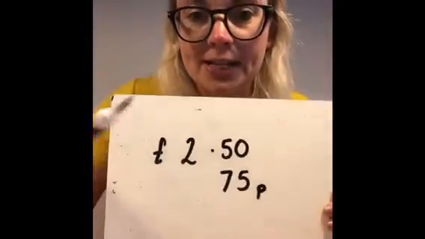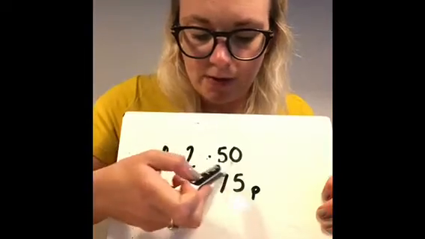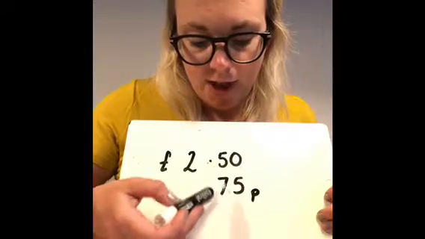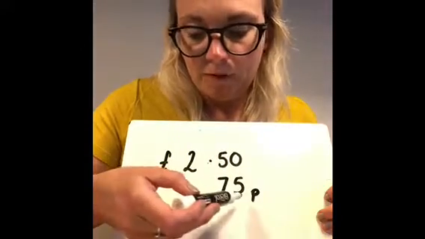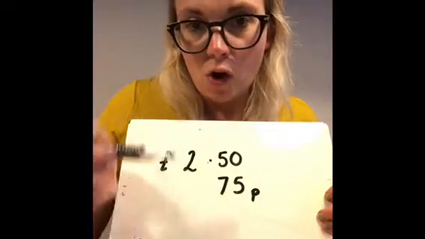Now you could write it as 250 pence and 75 pence, that would be fine. I am going to keep it as £2.50. I'm going to have my decimal point here, okay, and my pound sign. So I've got £2.50 and 75 pence. Now it's very important that you write the 75 pence under this 50 pence rather than writing it anywhere else. Okay, make sure you've got it in the correct columns.